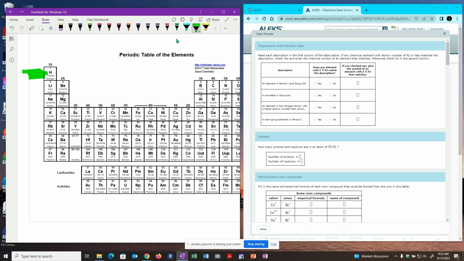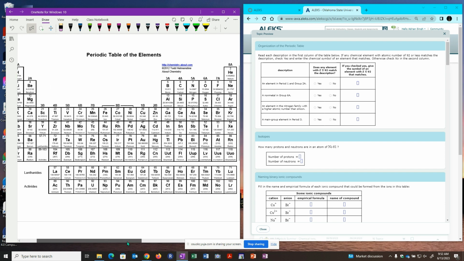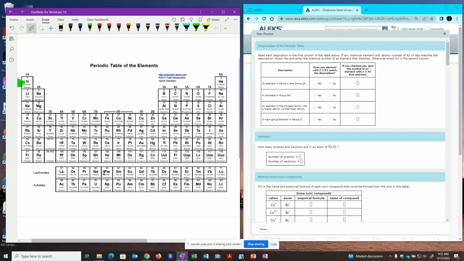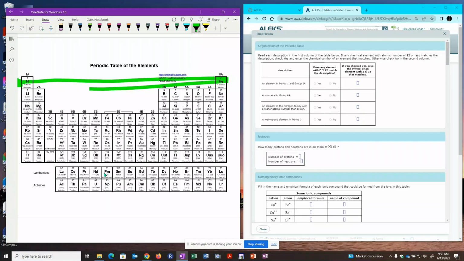And that right away we've limited ourselves to, let me see if I can zoom out a little bit, this first row over here. So in the first row, we only have two elements, hydrogen and helium. Hydrogen's in 1A, helium's in 8A. So obviously now there isn't any element in group 2A that would satisfy this. All right, so then the answer there would be no.